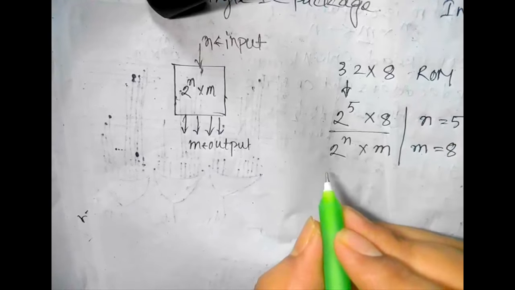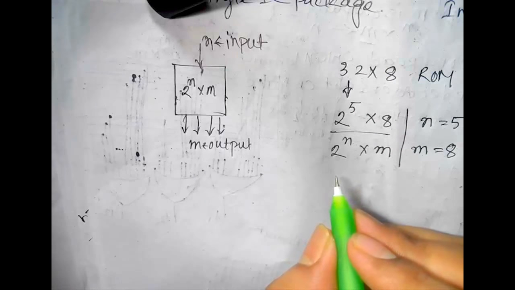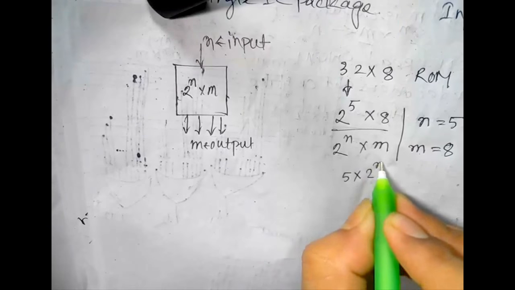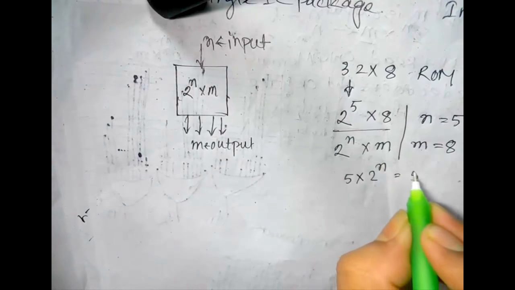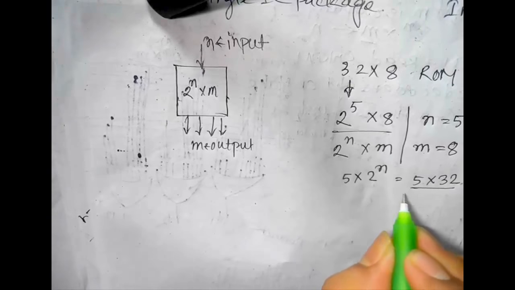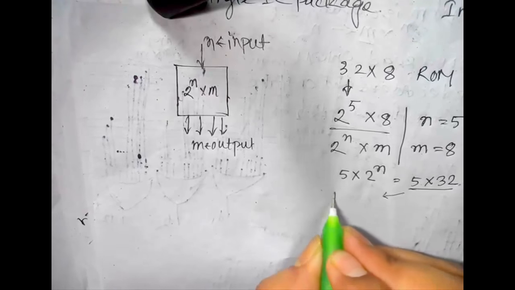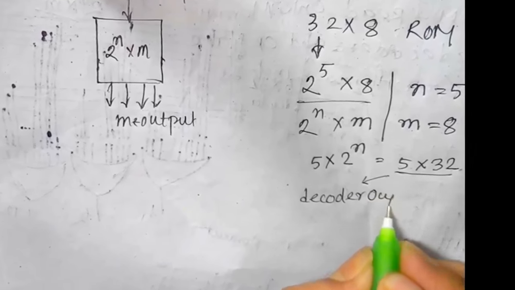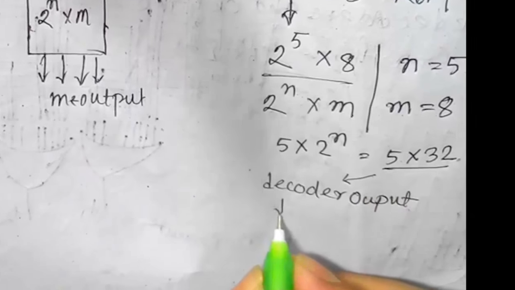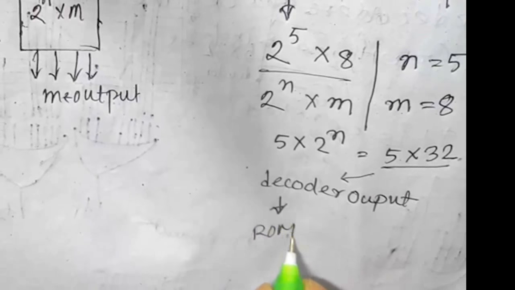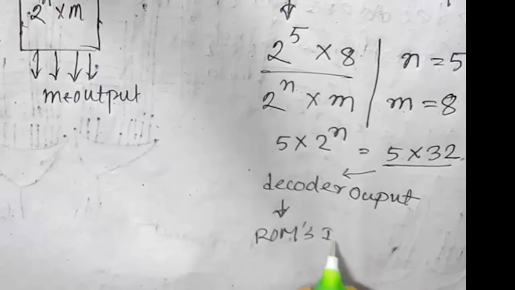So the decoder is 5 into 2 to the power n, that is 5 into 32. It is the decoder output, which is the ROM's input.